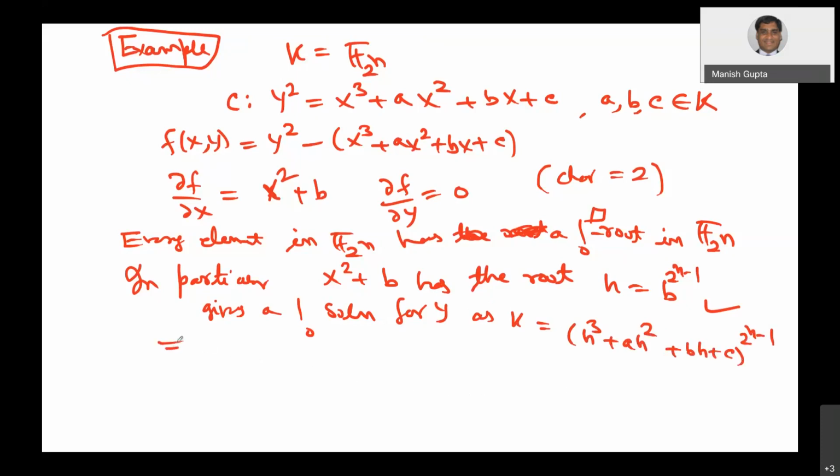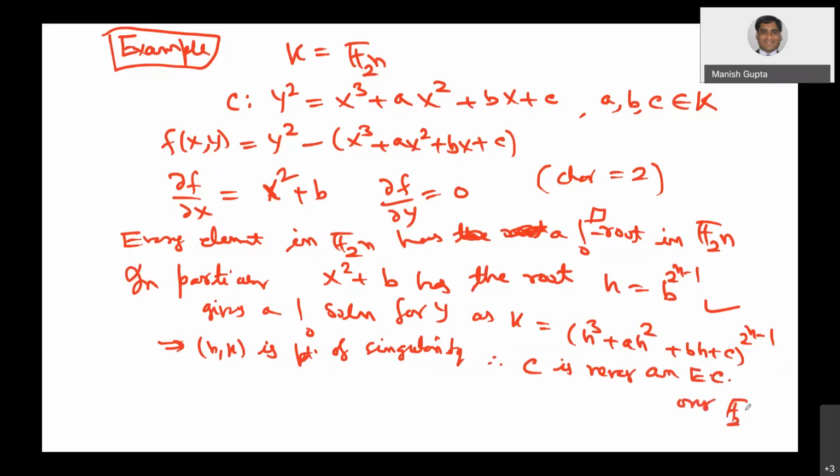So this implies that (h, k) is a solution of this equation, so this is a point of singularity. It's a point of singularity, right? Therefore, C is never an elliptic curve over F_{2^n}.